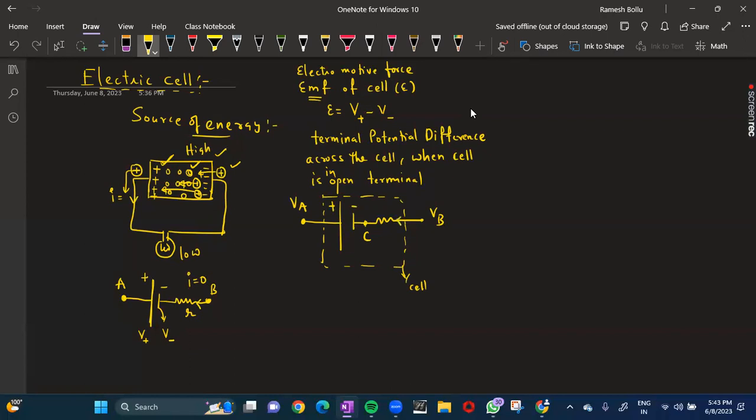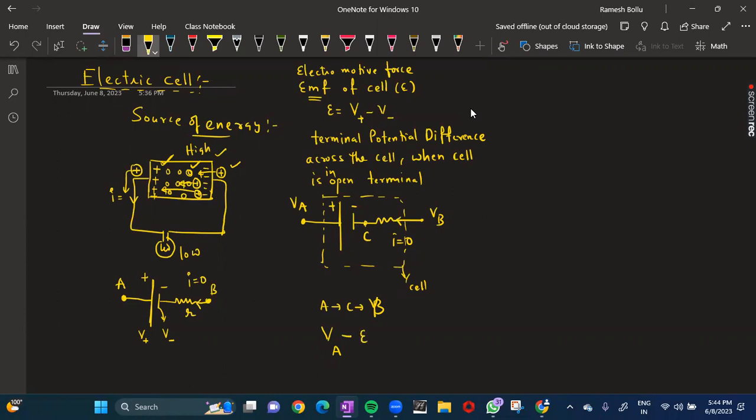Is there any current in the circuit? The cell is not connected to a bulb or resistor. It is open. So current equals how much? 0. I will walk from A to C, C to B. What is the potential at A? VA. When I am walking from high to low, the potential will decrease, minus. What is the potential difference across the cell?